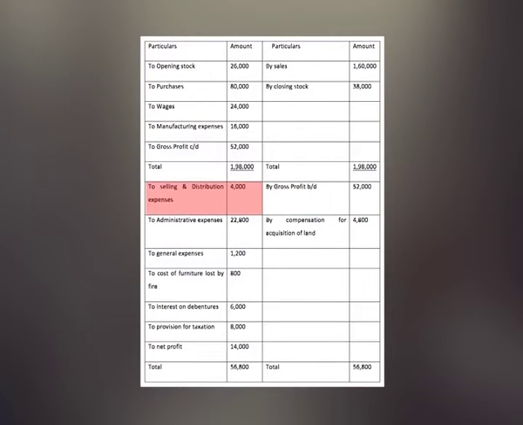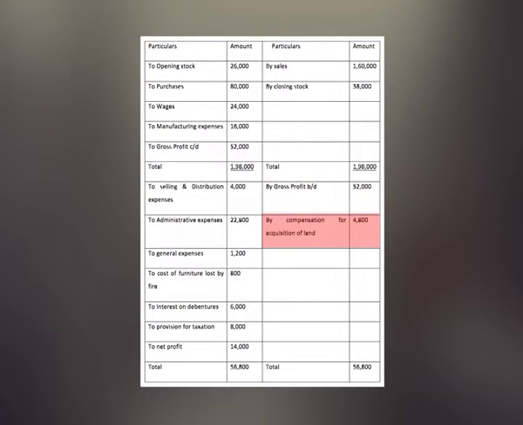Then we have selling and distribution expenses 4,000, then administrative expenses 22,800, general expenses 1,200, cost of furniture lost by fire 800, interest on debentures 6,000. Then provision for taxation 8,000. Then on the right hand side, which is the income side, we have gross profit 52,000.